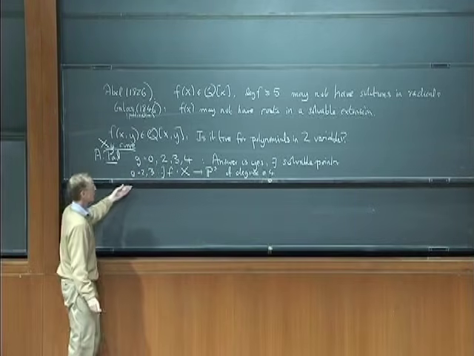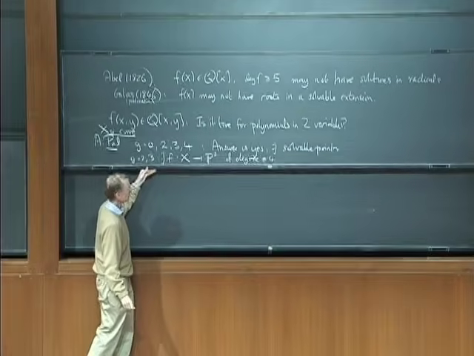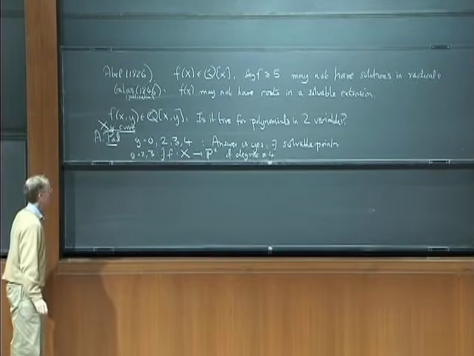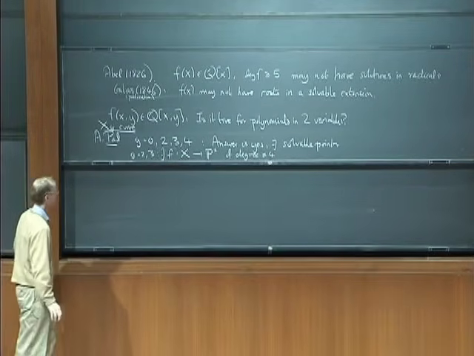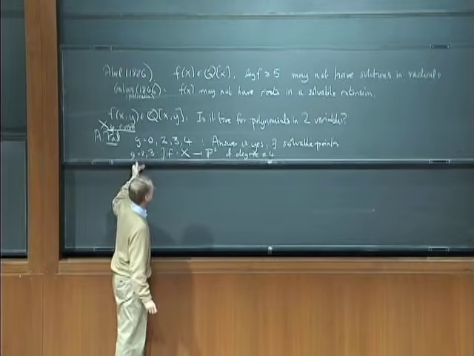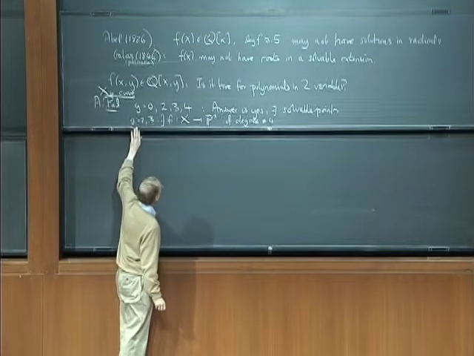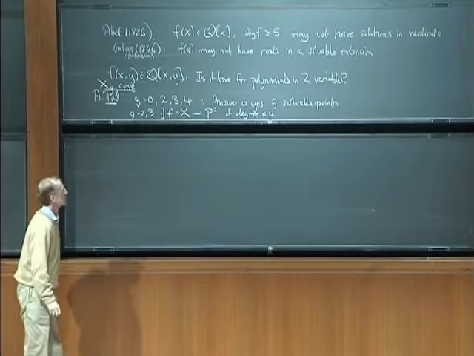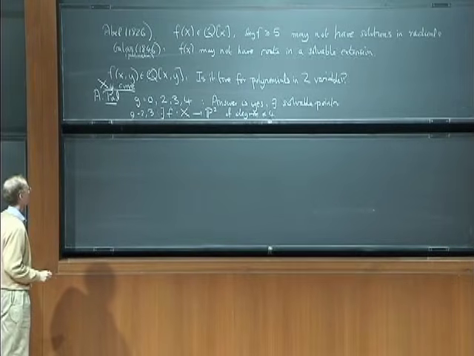And in genus 4, you can use the canonical embedding and view it as the intersection of a canonical quadric and a cubic in P3. And after a little work, you can see the result.